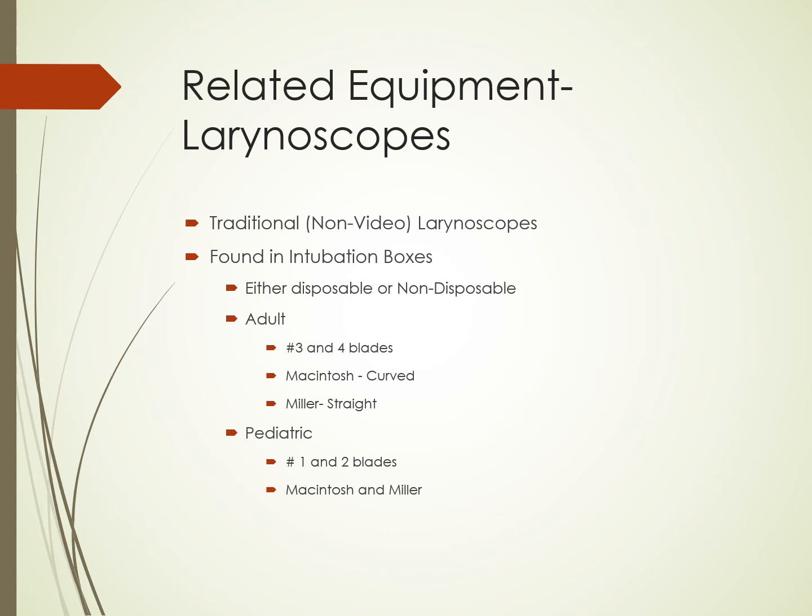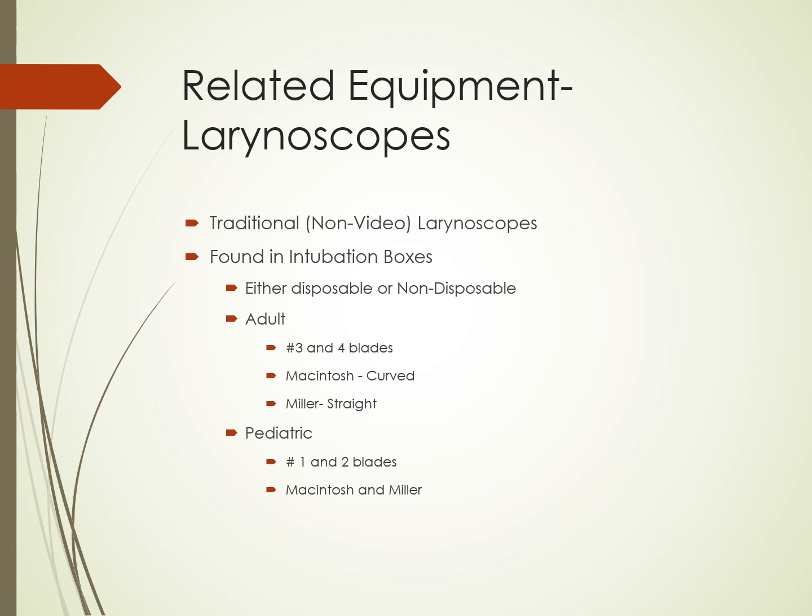A little more on related equipment, focusing on laryngoscopes. So you have traditional non-video laryngoscopes, which many hospitals will just have in their intubation box. A lot of them, even though they're made out of metal, are disposable today. And more and more facilities are starting to put video scopes in their intubation boxes, either disposable or non-disposable.